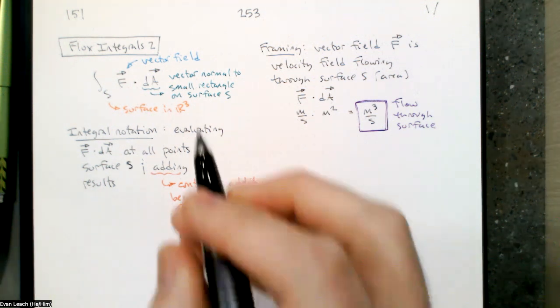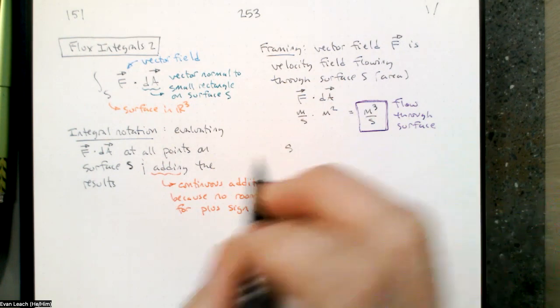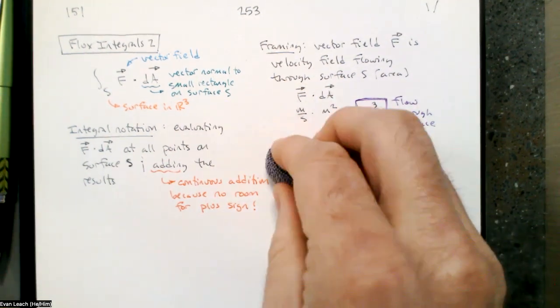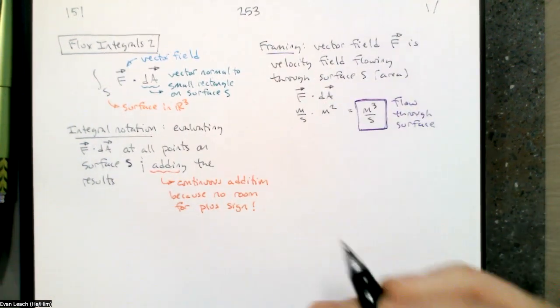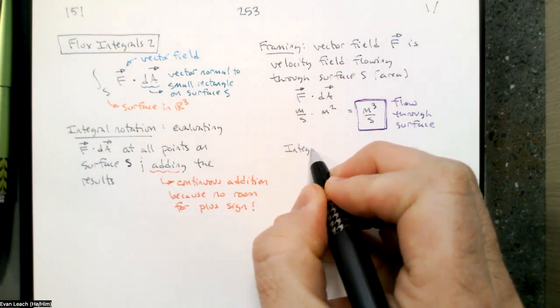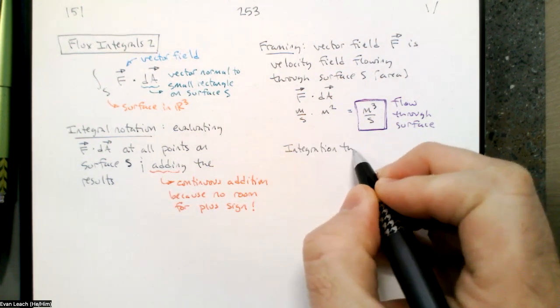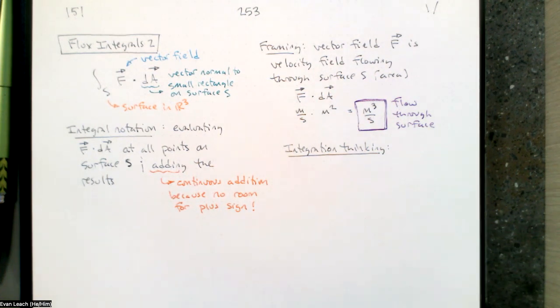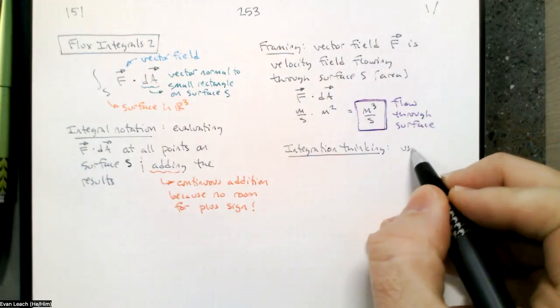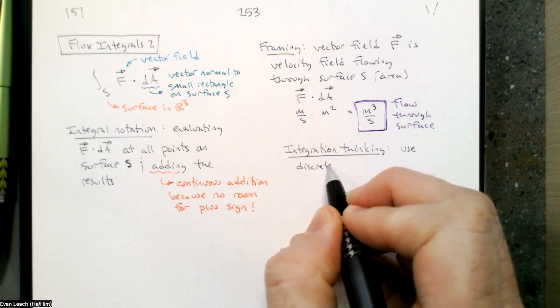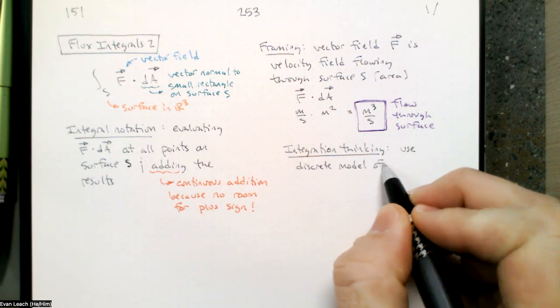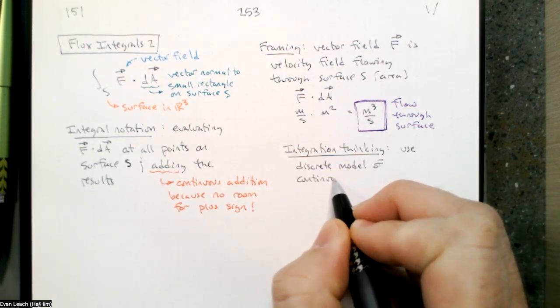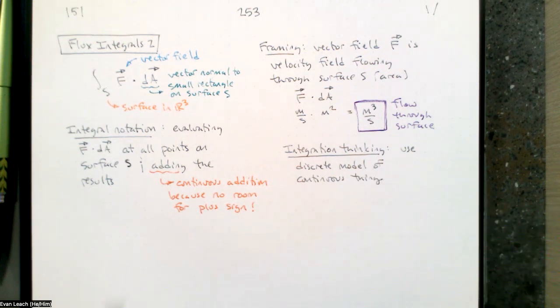So our integration thinking is the same as it always is. We're going to use a discrete model of a continuous thing.